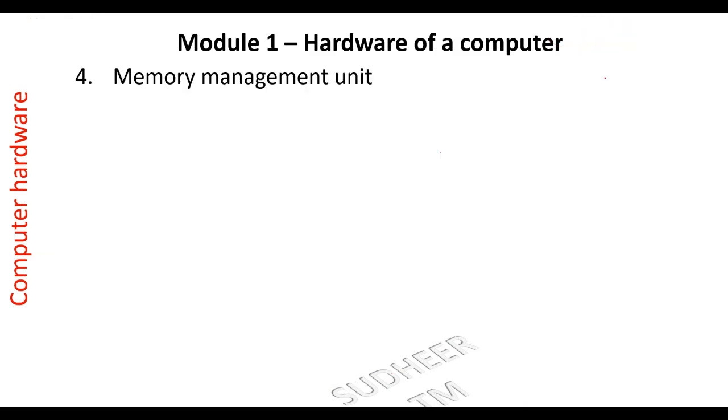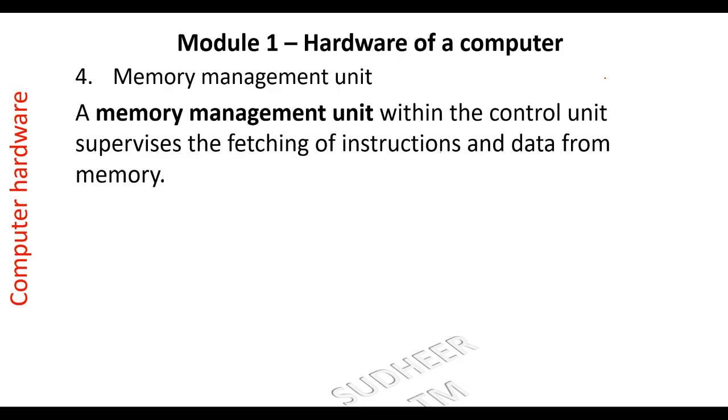And the fourth unit in the CPU is the memory management unit. What is memory management? We already covered this. The memory management unit within the control unit supervises the fetching of instructions and data from the memory. The meaning of fetching is just reading or getting the data.